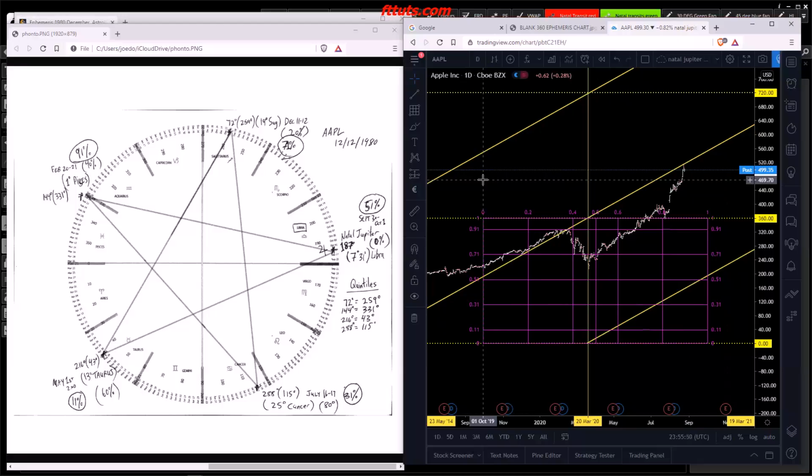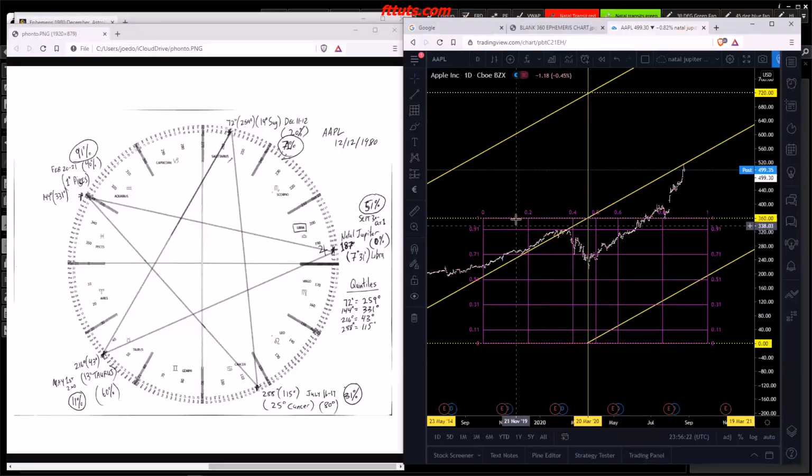But now we're going to be relating natal Jupiter's position to the hard 0 to 360 degrees of price, which doesn't have a relative starting position for us. We want to see 0 degrees and 360 degrees, and we want to know when the next level begins. That 0 degrees is commonly a very important moment for us.